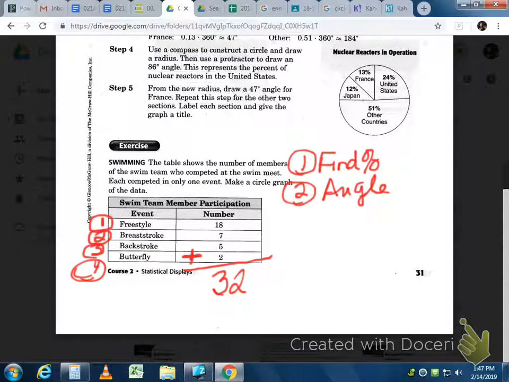Okay, Team 1, you're supposed to find the percentage.